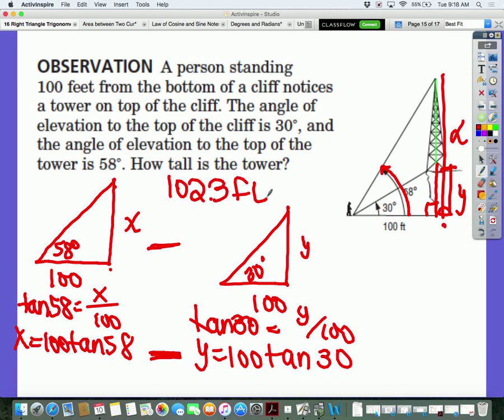And this is in feet. Did anybody not get this? Are there any questions?